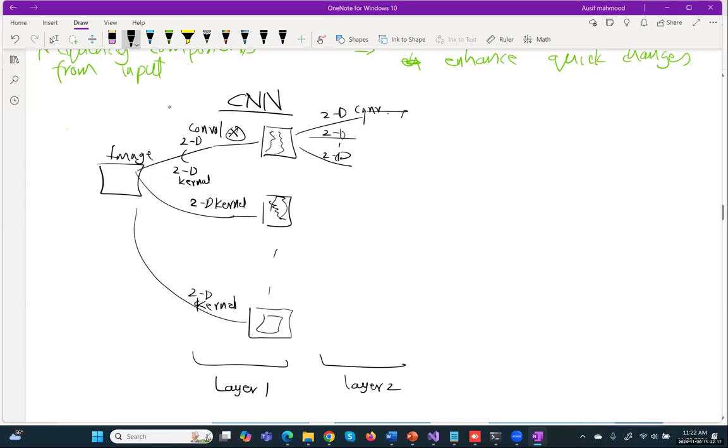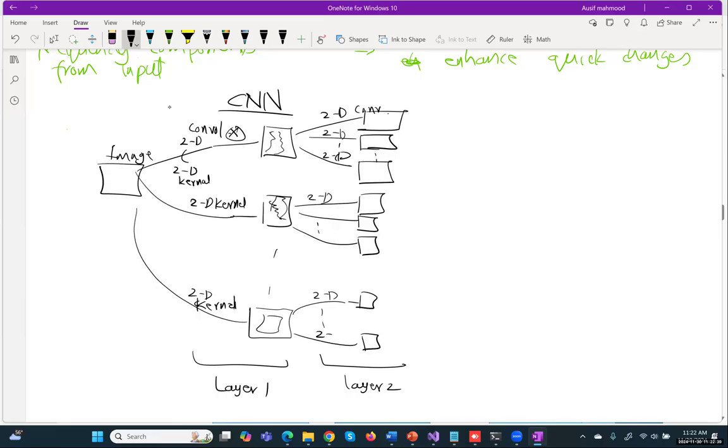Same way over here, we'll apply 2D convolution, 2D convolution, 2D convolution. Let's pretend in the first layer, we applied 4 convolutions total.